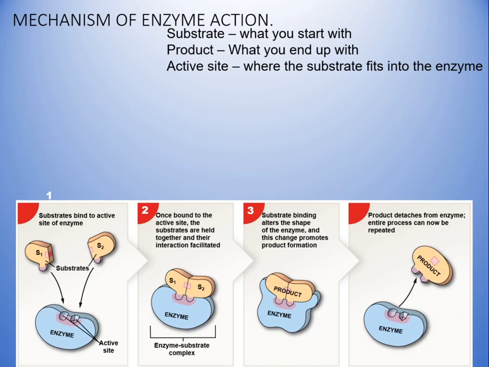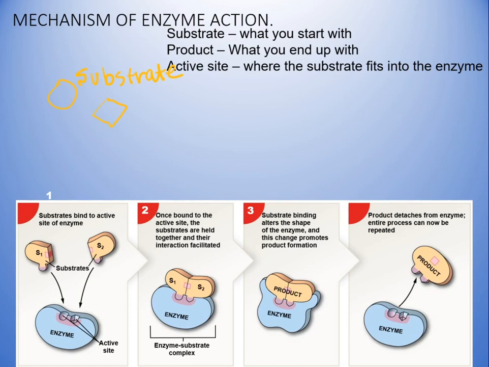Now you're looking at this picture, you're like, Amy, we have two substrates. Yes, you don't have to have one, you can actually have many. But the enzyme will have a specific place, a lock and key fit, where the substrate fits into the active site.